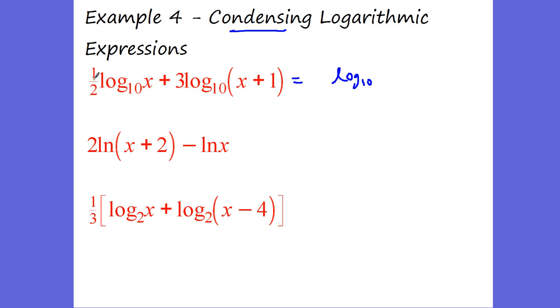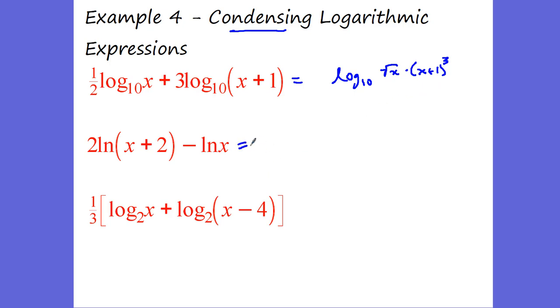That 1/2 is in front, so remember multiplying is going to be like exponents, so that is going to be x to the 1/2 power, or square root of x. And then you can see right here we have x plus 1, and that 3 is in front, so that's going to be a cubed on that guy. And so we have log base 10 of the square root of x times x plus 1 cubed.